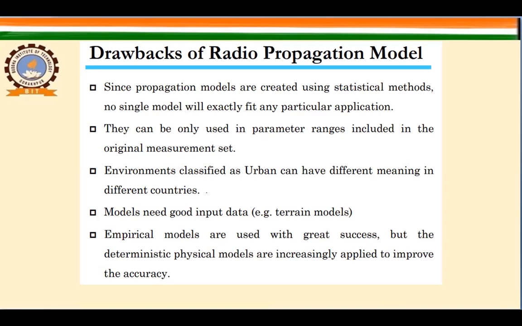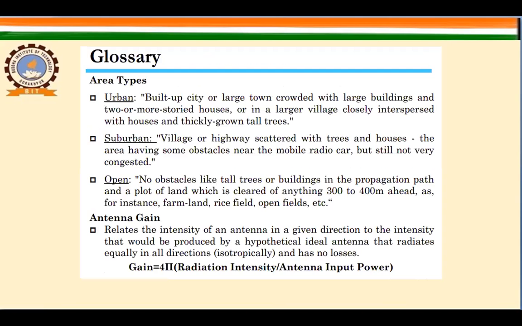So models need to acquire good input data, especially in the case of terrain models. Empirical models are used with great success, but deterministic physical models, or you can say random physical models, are increasingly applied to improve accuracy.